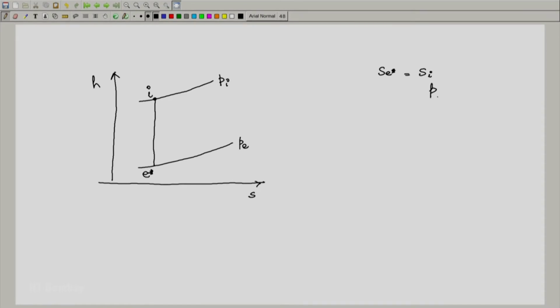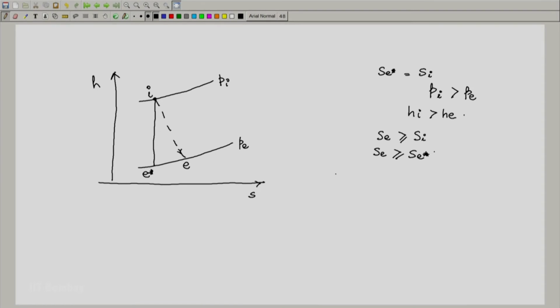We had P i greater than P e in this case, and we had h i greater than h e in this case, and if the process is not ideal and if there is entropy production, one expects to move in this fashion towards increasing entropy. This is an adiabatic case, and we would have gotten e here such that s e is greater than or equal to s i, and s e is definitely greater than or equal to s e star.